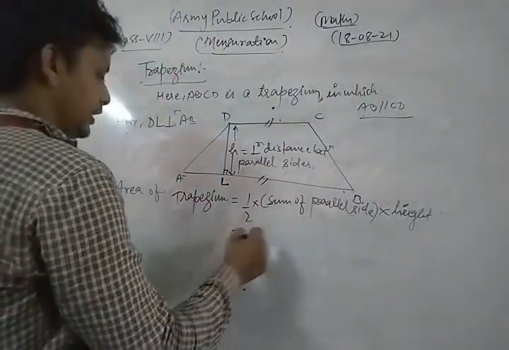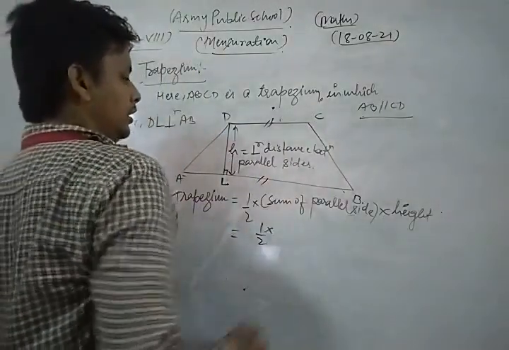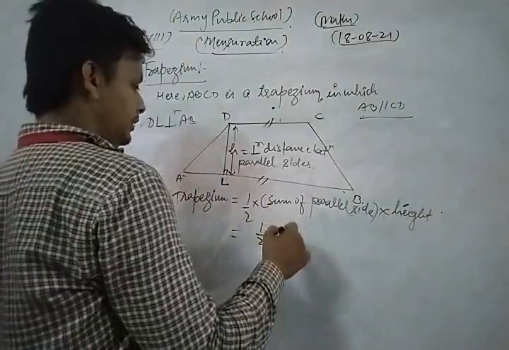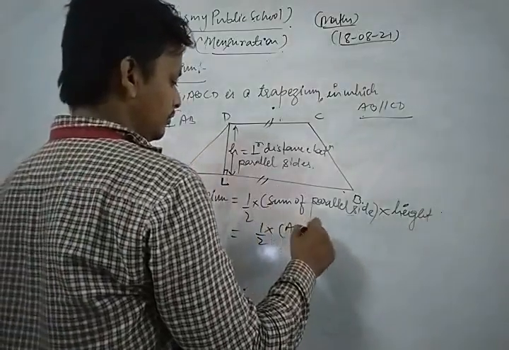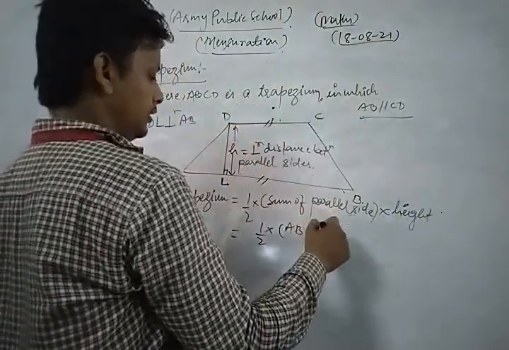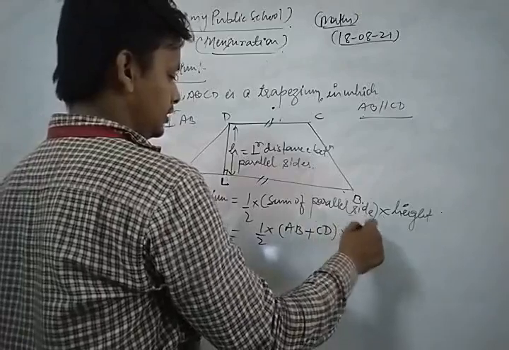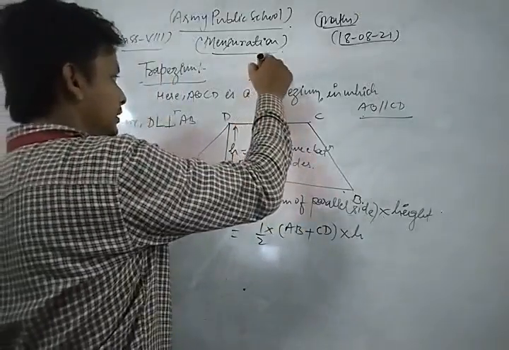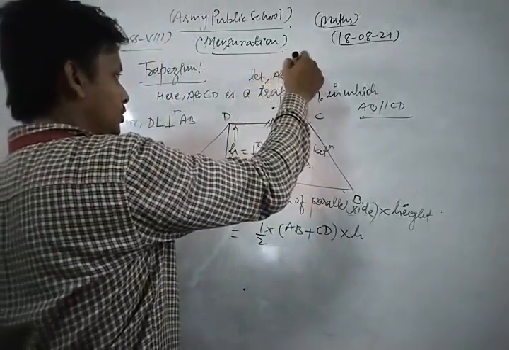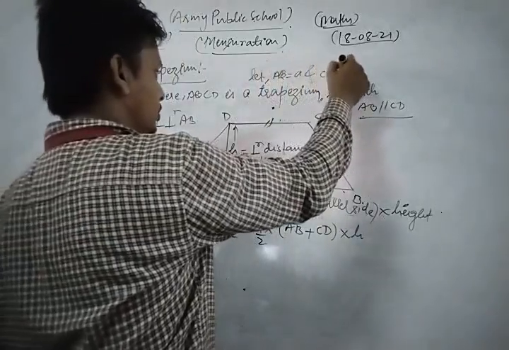Now we can write 1 upon 2 into the sum of the parallel sides AB plus CD into H. Suppose AB is equal to a and CD is equal to b.